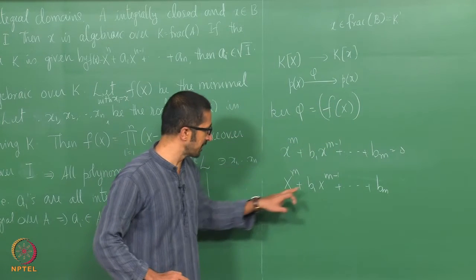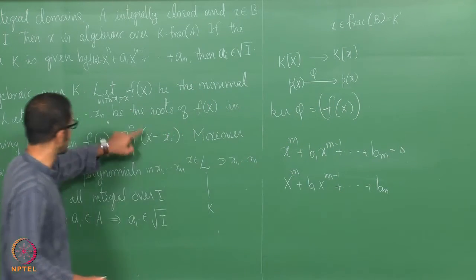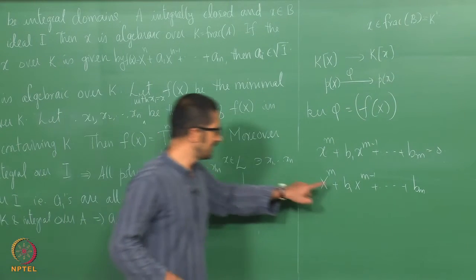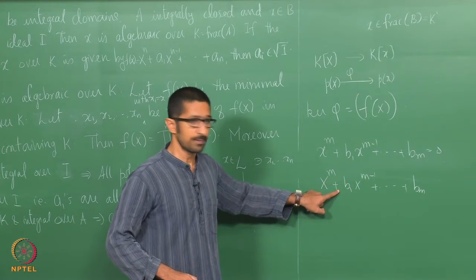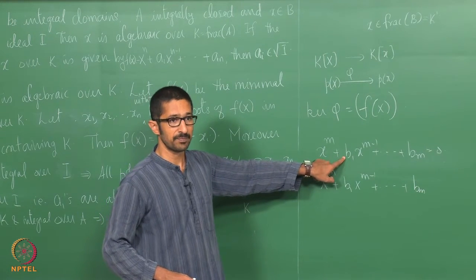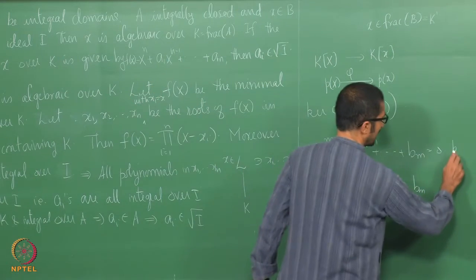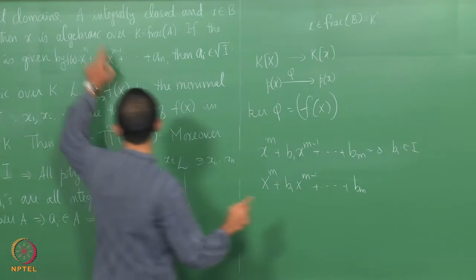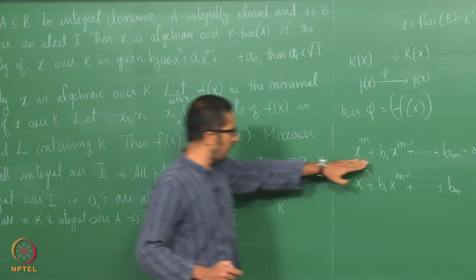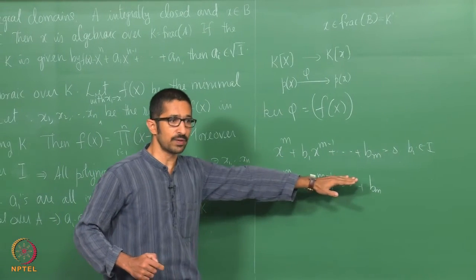Therefore, f x will divide this polynomial, which means all these roots xi's are all integral over I, because this is an integral equation with coefficients coming from I. We have this, bi in I, we have taken the integral equation of x. So, this means all the xi's will be integral over I.